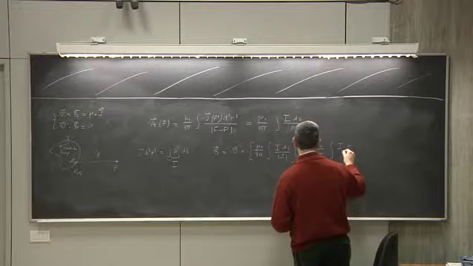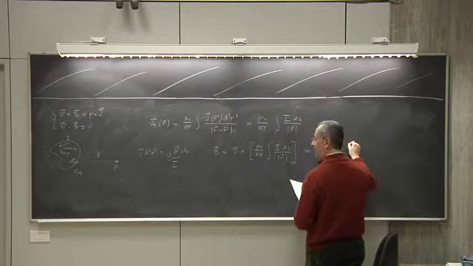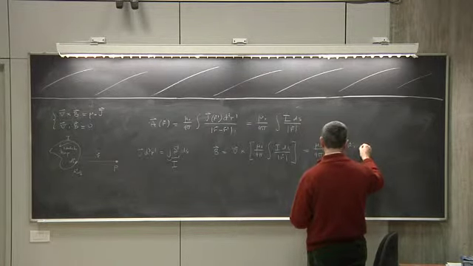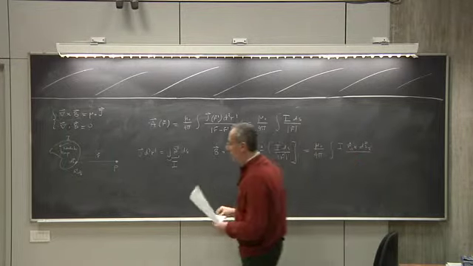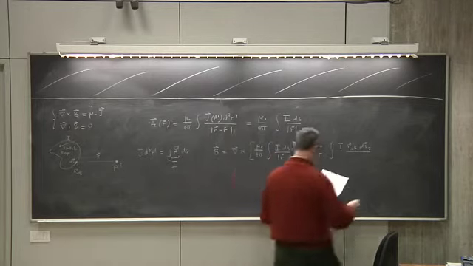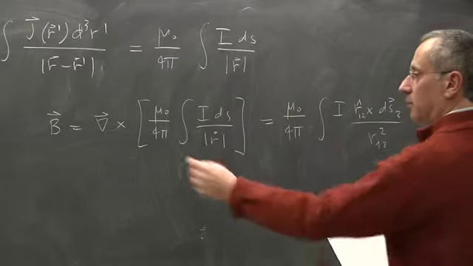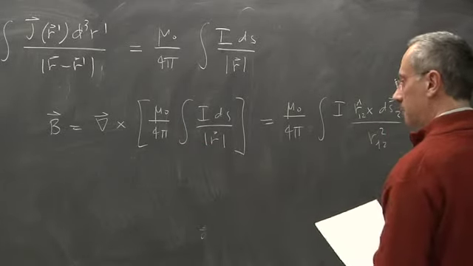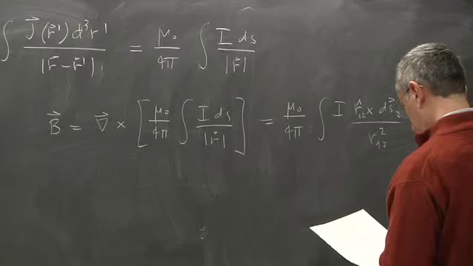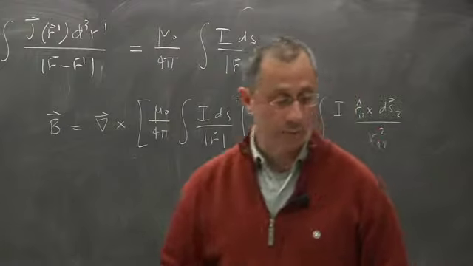Let's call R12 if you want, with 1 and 2 the two points, R12 squared. That is what we had before.